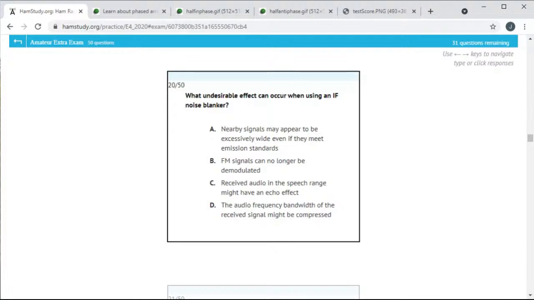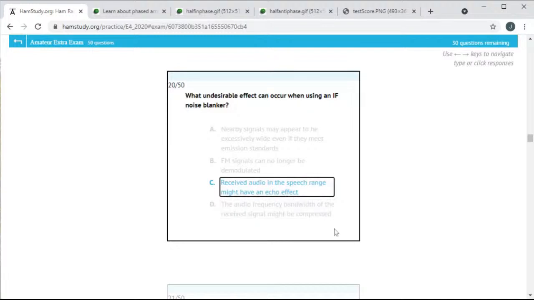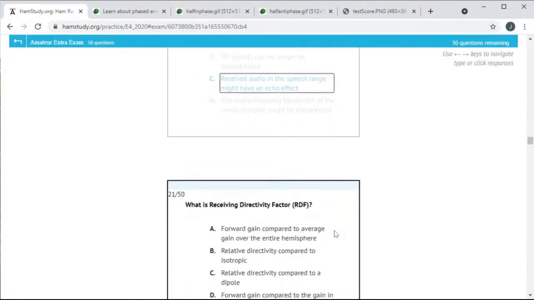C, received audio in the speech range might have an echo effect. D, audio frequency bandwidth of the received signal may be compressed. I do not use a noise blanker very much, but I'm going to go with C. Audio may have an echo effect.